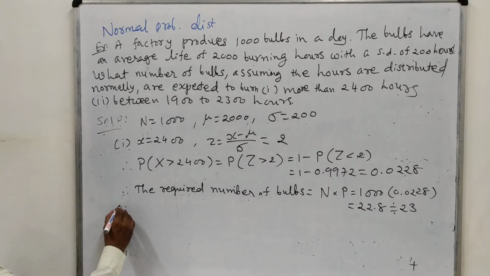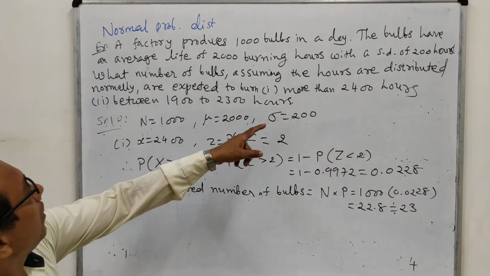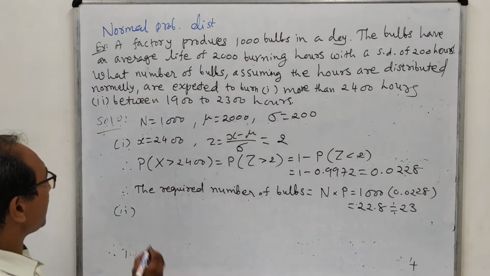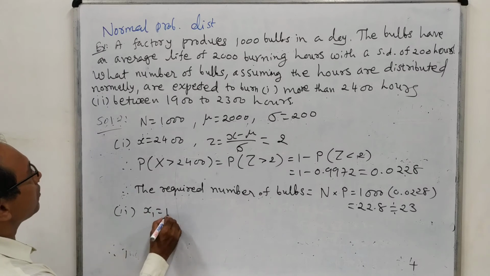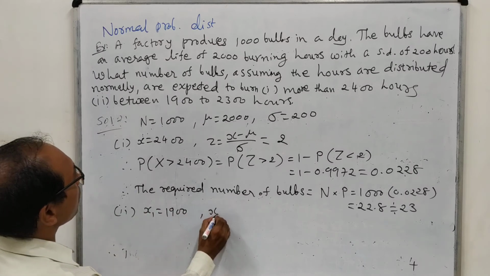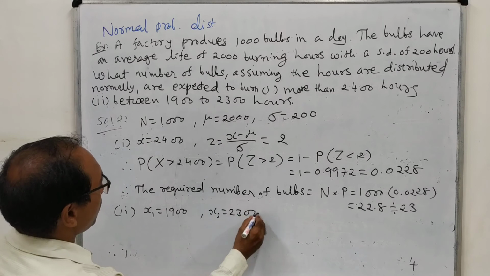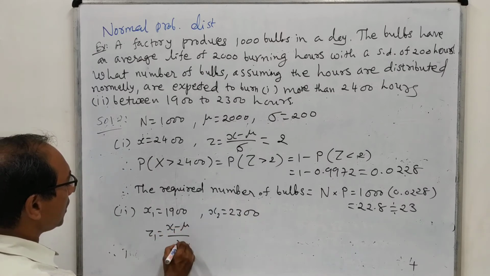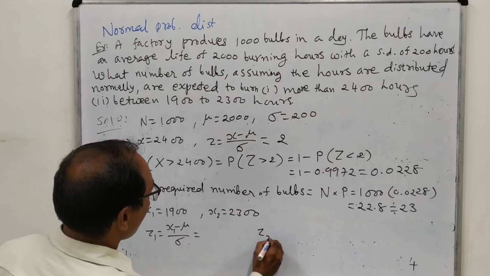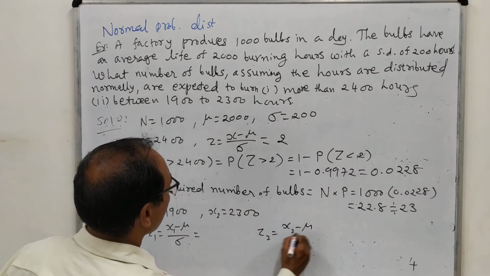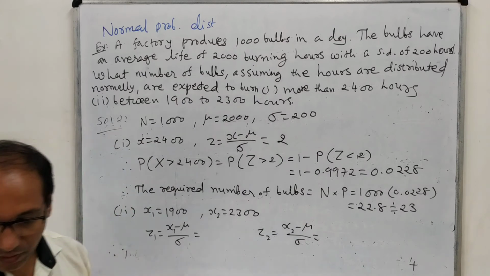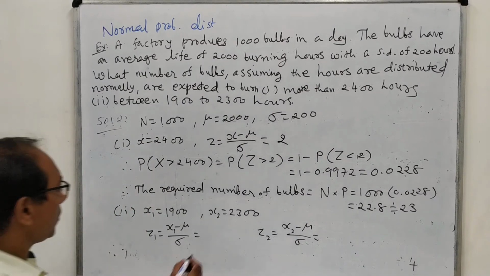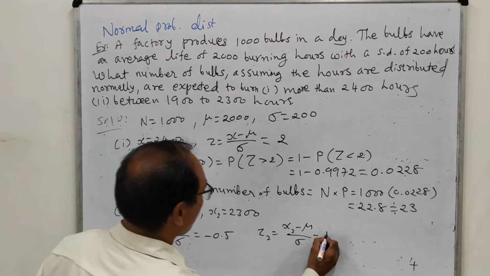In the second question, we want to find the same thing between 1900 and 2300. So we let x1 equal to 1900 and x2 equal to 2300. We find z1 by using x1 minus mu over sigma, and z2 from x2 minus mu over sigma. So z1 is minus 0.5 and z2 is 1.5.